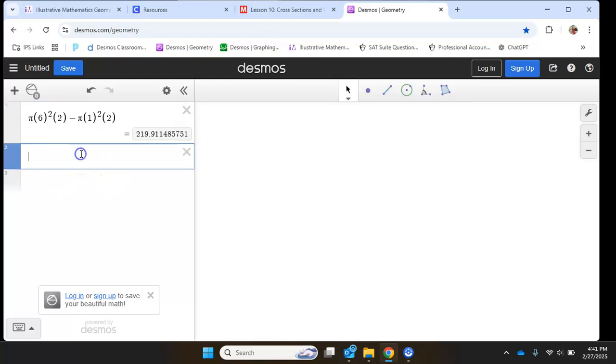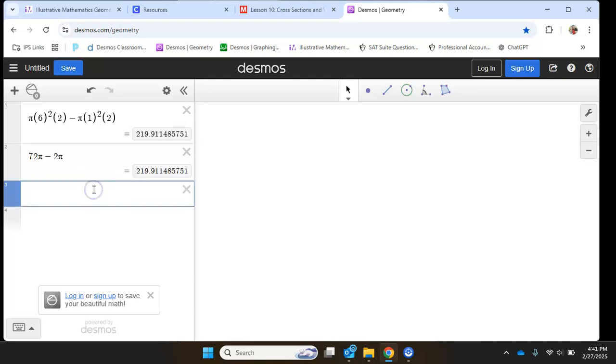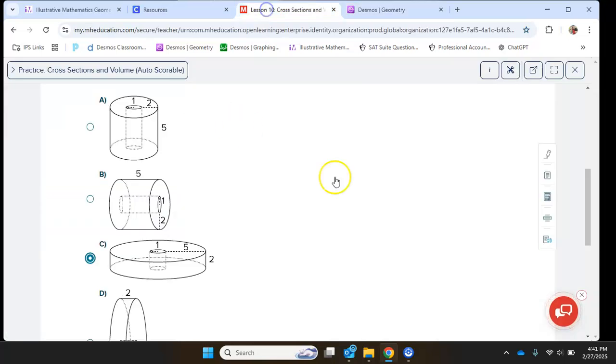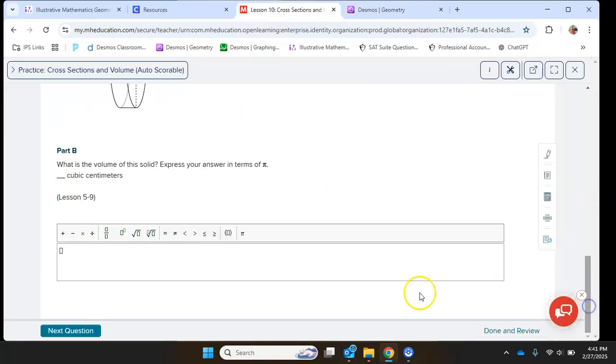They want an exact answer in terms of pi, so 6 squared is 36 times 2 is 72 pi, minus 1 squared is 1 times 2 is 2 pi, and 72 pi minus 2 pi is 70 pi. We could copy and paste our answer, or we could type in 70 pi, using the pi symbol.